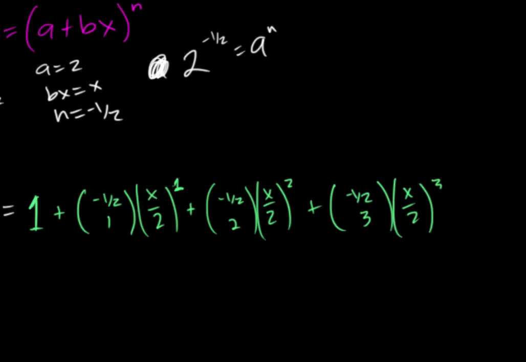Now, we need to go back to how combinations were defined in the beginning. And so a combination is defined as n times n minus 1 times n minus 2 dot dot dot until we get to n minus r plus 1.